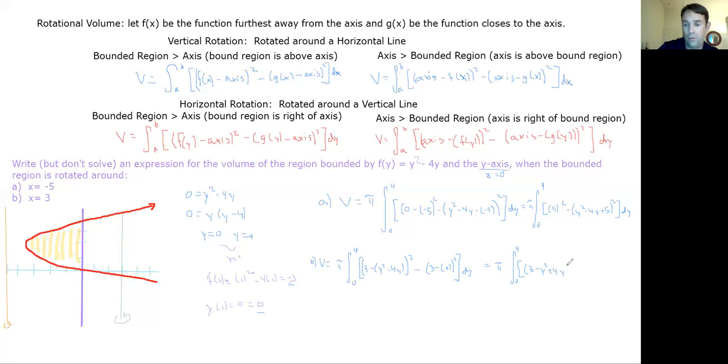We're going to square that whole thing. And we're going to then take this one here and go 3 squared. All right, so that was just a real quick review of rotational volume. Make sure we are on the same page here.